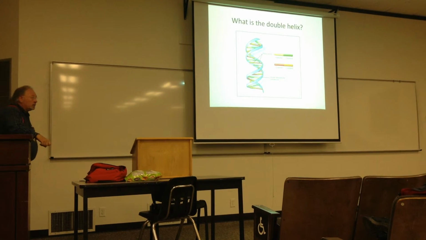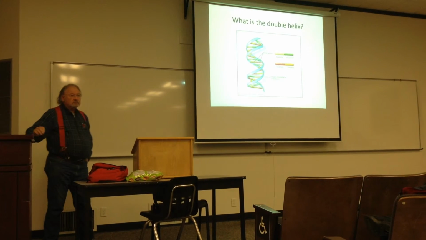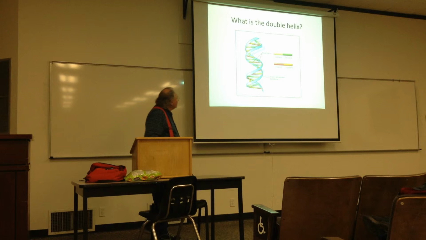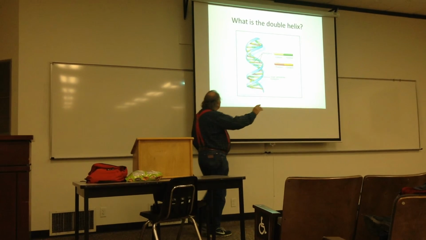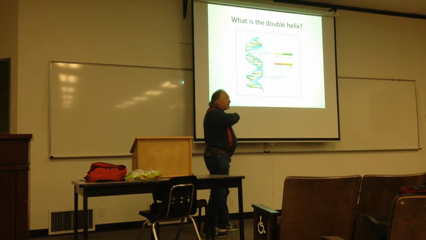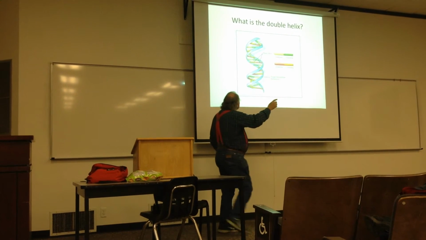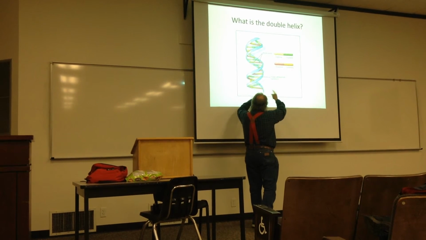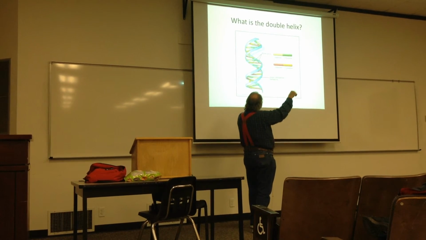What they found was a double helix. Finally figured it out. It was a double helix with a backbone on the outside, this swirly thing, ergo helix, and linking these two helices, one here and one here, together were a series of bases.